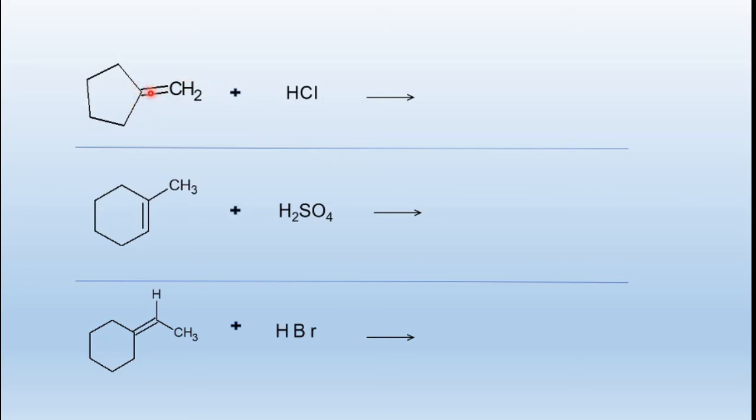It has this double bond, and the next is attached to CH2, then CH2. Same on this side also, this is CH2 attached to CH2, right? So this carbon is involved in this ring, so there is no hydrogen on this. So definitely the negative part must go to the carbon having fewer hydrogen atoms. So the product will be this one.